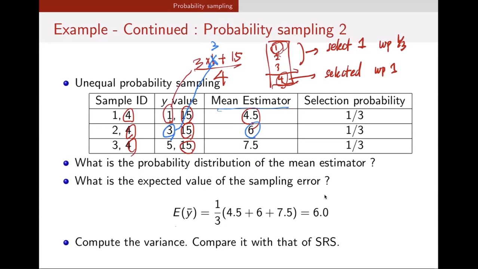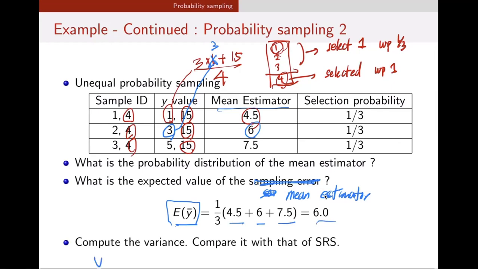You can check the expected value of the sample mean, the mean estimator, right? The expected value of the mean estimator is 1/3 times 4.5 plus 6 plus 7.5, which is 6.